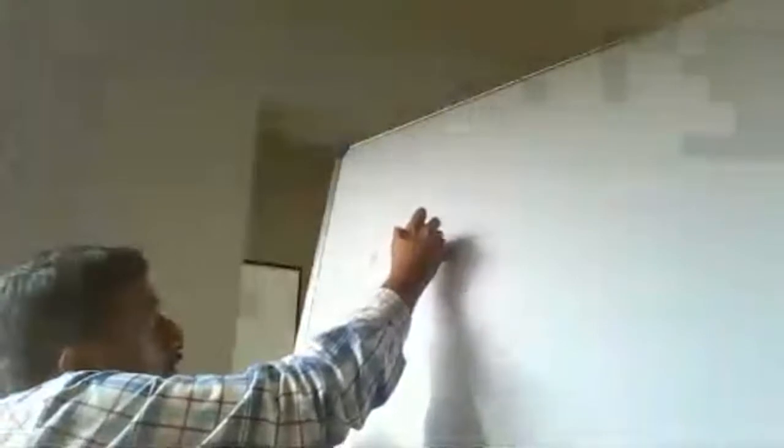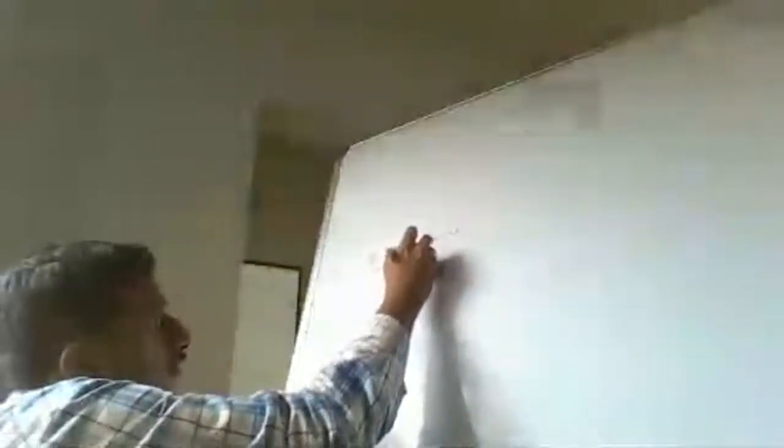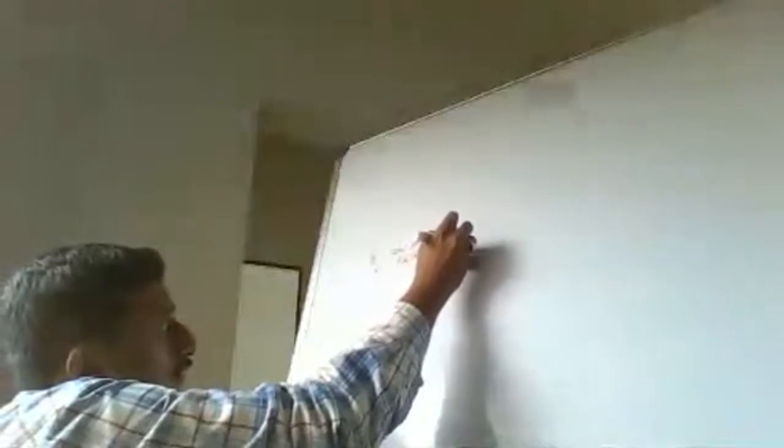So let us call an event E, saying that son is on one end. I have another event which is F, which is father in the middle.